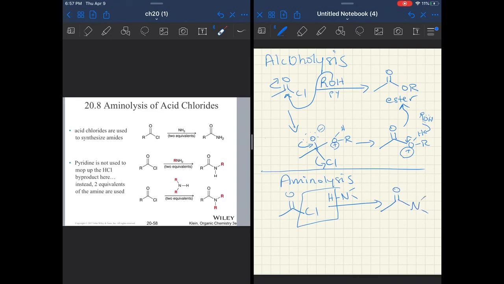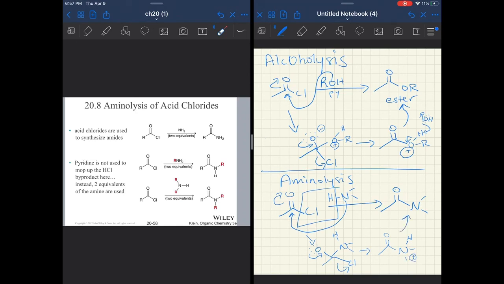Whether there's 0, 1, or 2 R groups, it's going to follow the same mechanism. Your amine is going to attack. You are going to get a tetrahedral intermediate. The tetrahedral intermediate will fold in on itself and kick out the chlorine. You will have your protonated amide.